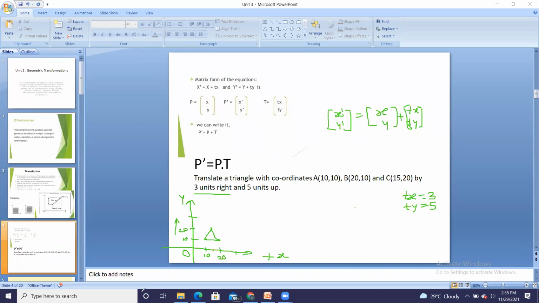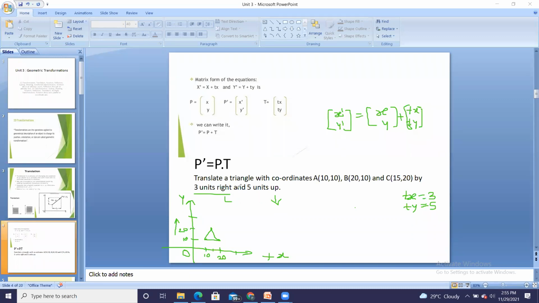Okay. Now my question is, if I would have said 3 units left and 5 units down, then what will be your translation factor? So instead of right, I will tell left, and instead of up, I will say down. All of you are getting my question?